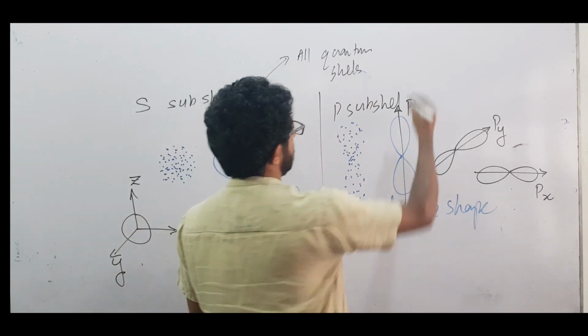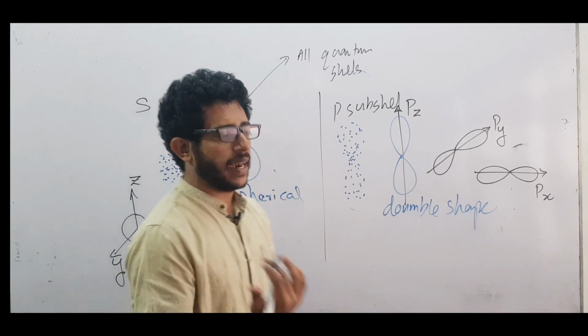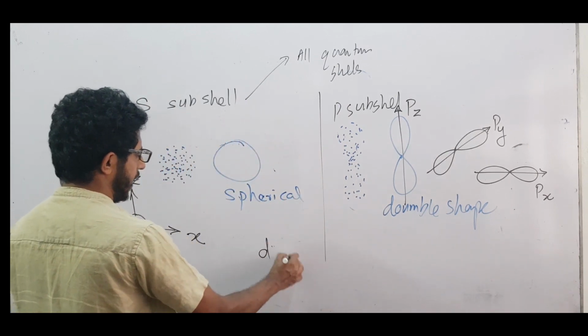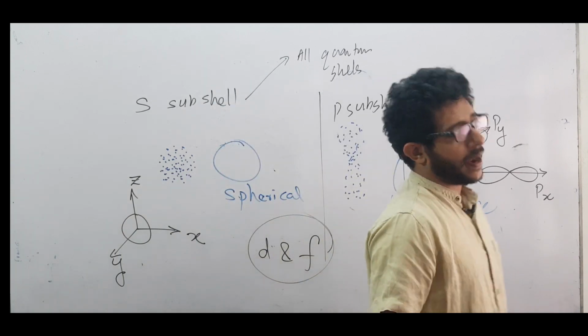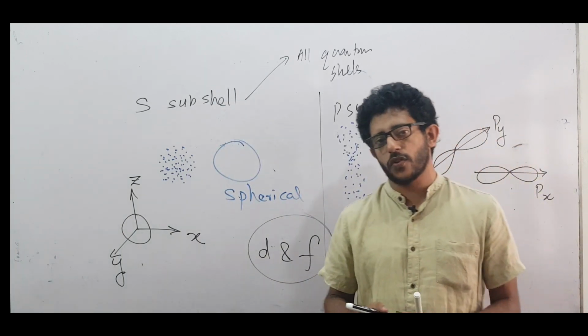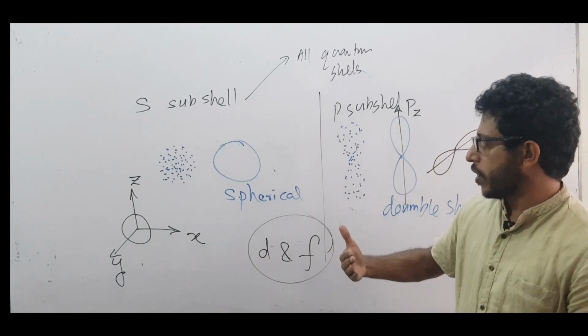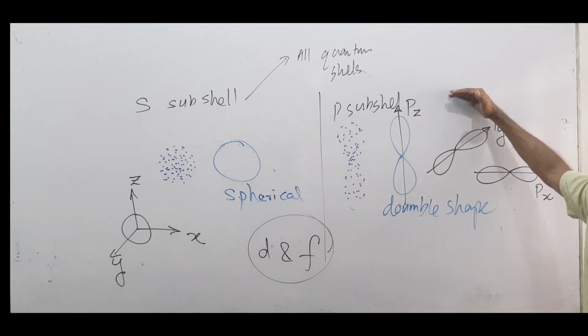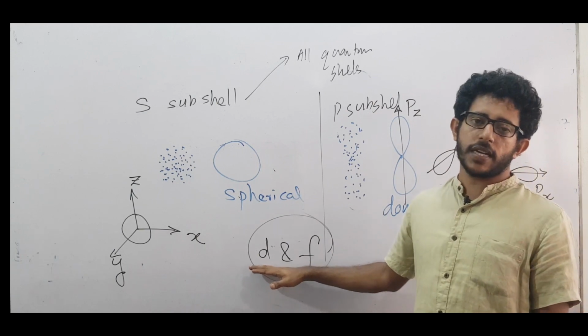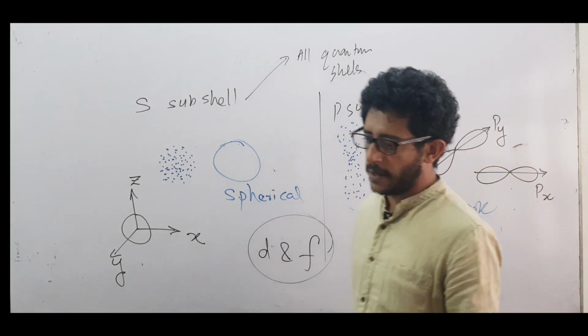So, s subshell, p subshell, and the other ones are d and f. These are two other subshells, and the number of orbitals they have is also different. It is increasing in odd numbers. You have 1 in the s subshell, 3 in the p subshell, 5 in the d subshell and 7 in the f subshell.